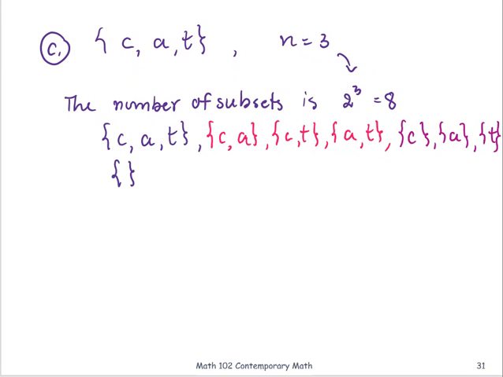So let's count how many we have. It should be 8 in total: 1, 2, 3, 4, 5, 6, 7, 8. Yes, we get 8 of them.